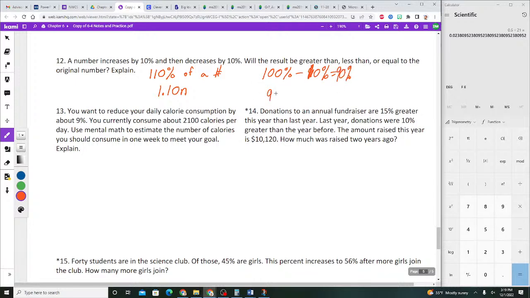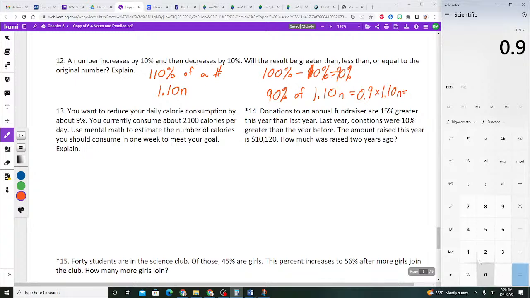So we now want 90% of 1.10n. And 90% is 0.9 times 1.10n, which would give you, my brain just fogged up, sorry, 0.9 times 1.1 gives us 0.99n. 0.99n is less than n, the original number. So therefore, this would be less.